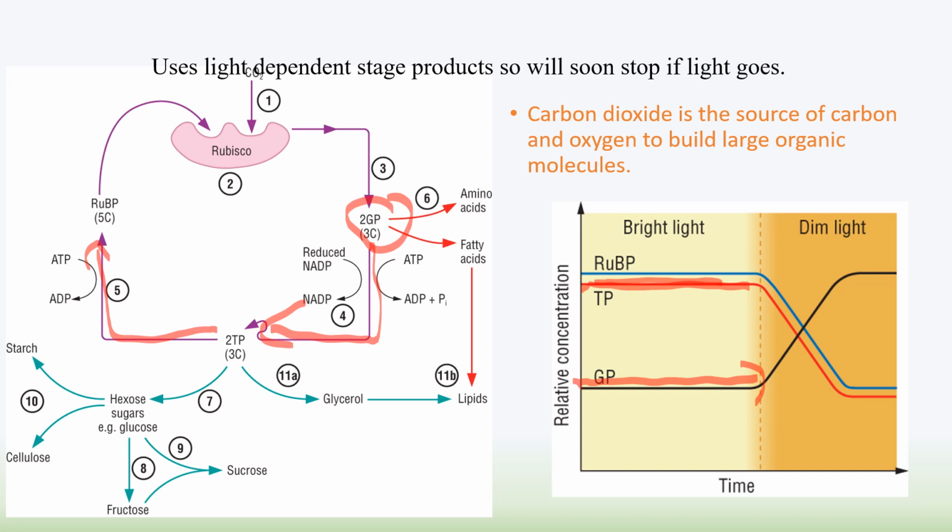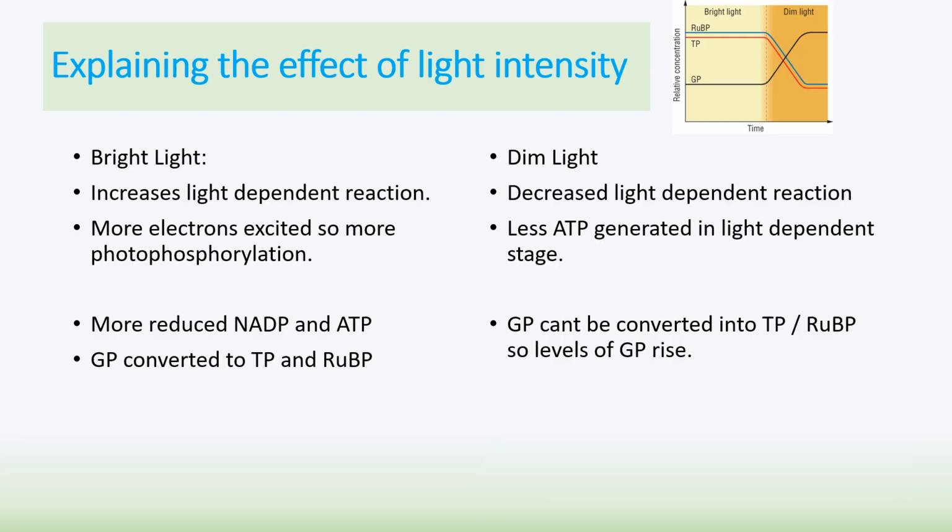But in the dark, these sources of energy are gone, so the reaction stops there. Your GP levels go up and the TP and RuBP levels go down. There's an explanation for you. You can pause and read it if you would like.